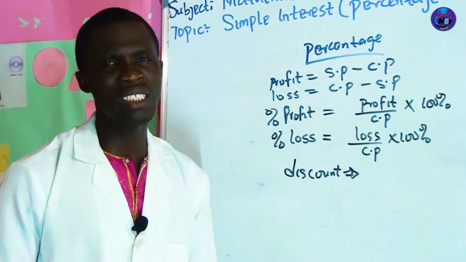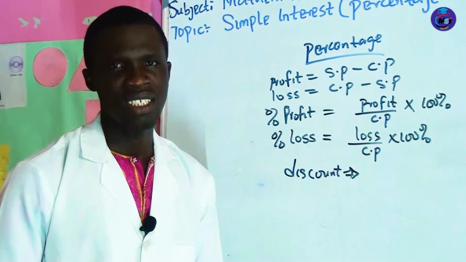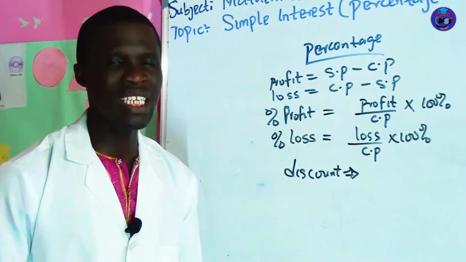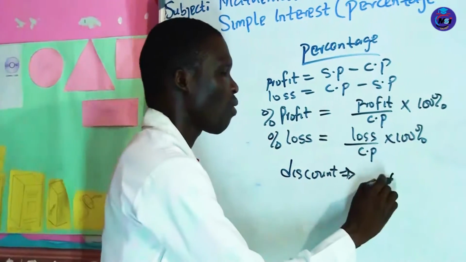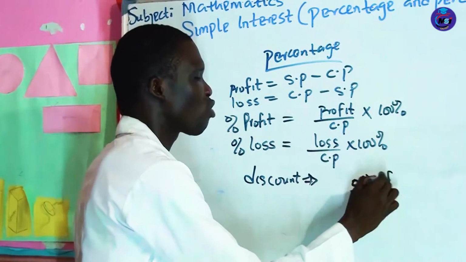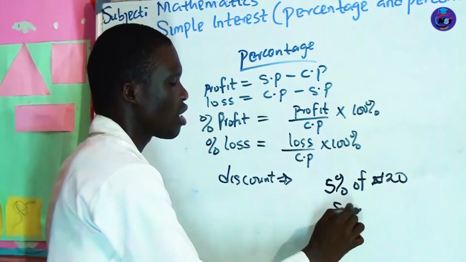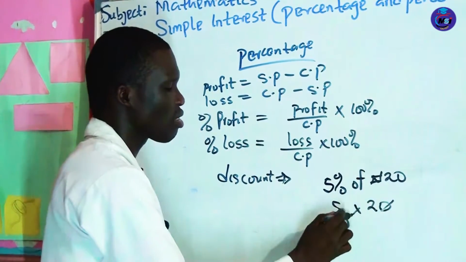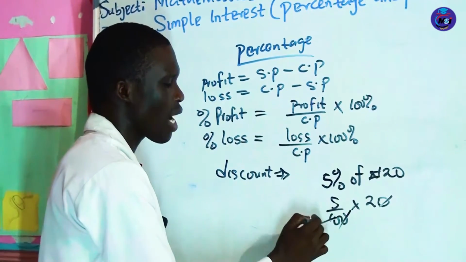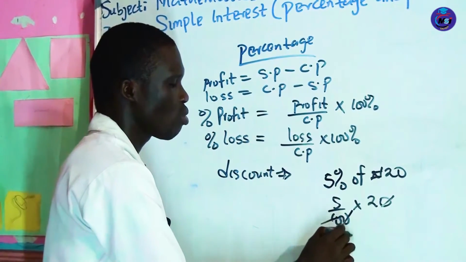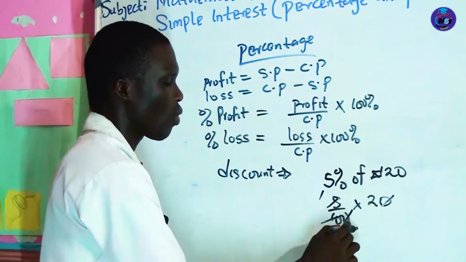So I give a discount of 5%. So 5% of 20 naira, what are we going to get? We have 5% of 20 naira, which gives us 5 over 100 times 20. 0 cancels 0. 5 here, we have 2. 5 here, 1. Okay?